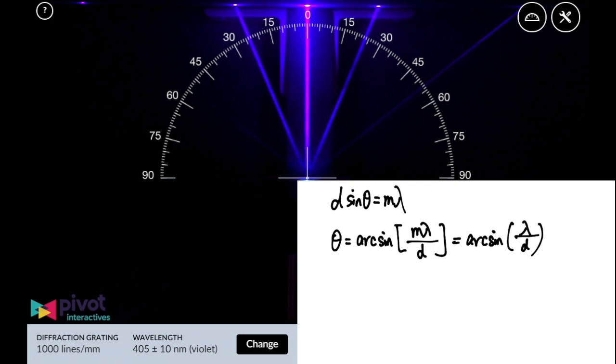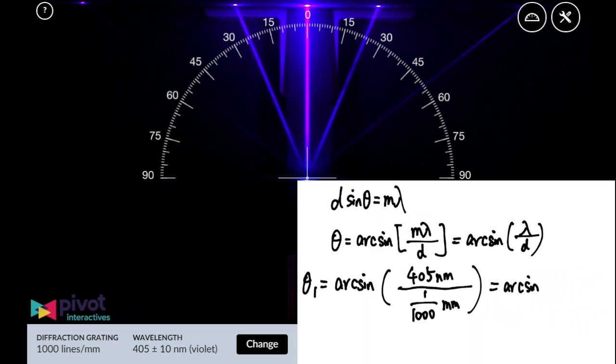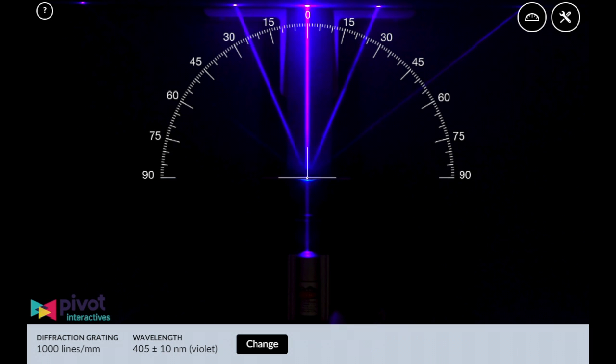We're using first order, so m equals 1. Lambda is the wavelength of the incident light, in this case 405 nanometers, the violet light. And d is the line spacing, so it's basically 1 over n. d is 1 over n, so it's 1 over 1,000 millimeters. And that's equal to 23.9 degrees in this case.